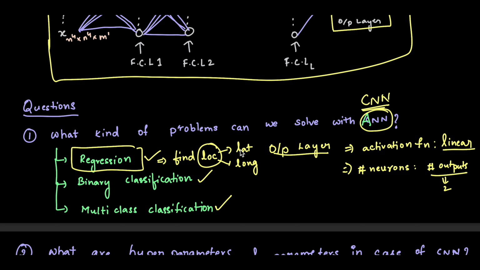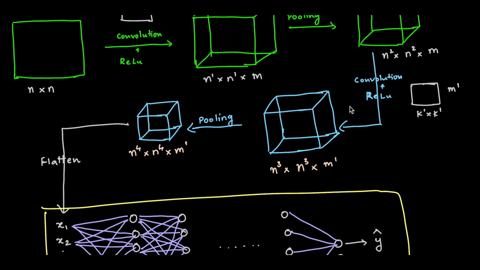In case of CNN also, we can solve some regression problems. Basically, in CNN, what we can do is, let's say this is the image that we are given. In this image, let's say we have a face. So this is the whole image. The face is present in this portion only, right? In this square box only. So in order to find the exact location of the face, we can give these 4 points.